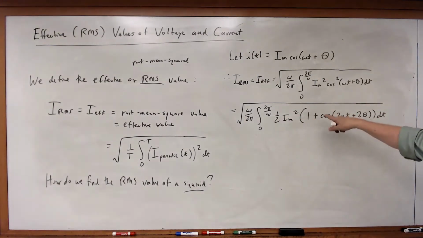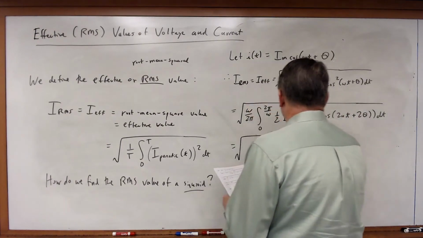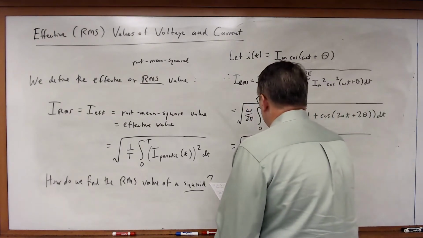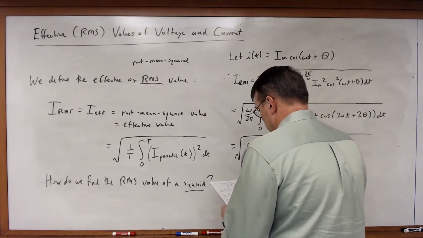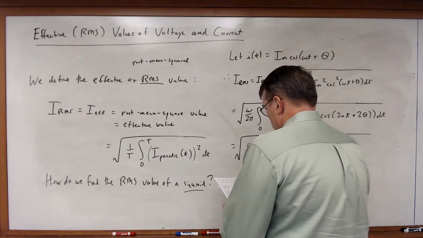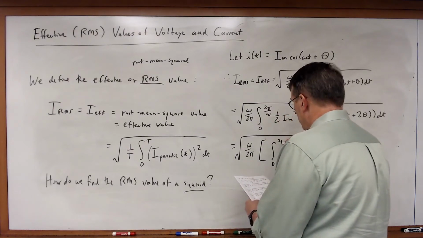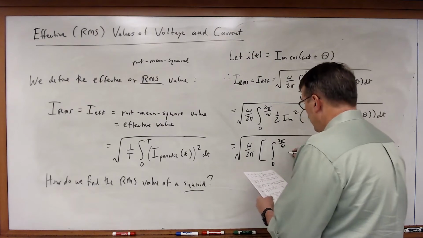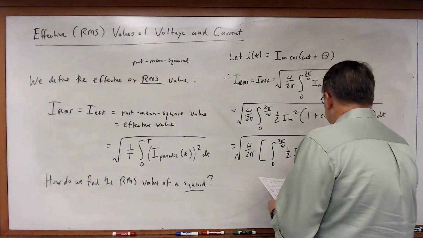Now I can break this into two parts. This will be equal to the square root of omega over 2 pi times the integral from 0 to 2 pi over omega of 1/2 Im squared dt, plus the integral from 0 to 2 pi over omega of 1/2 Im squared times cosine of 2 omega t plus 2 theta dt.